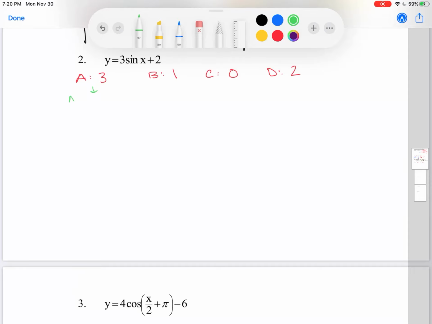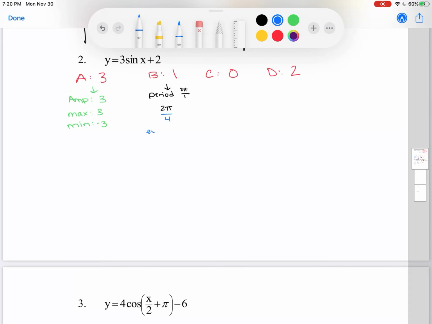Thinking about how this will play a role, my amplitude will be 3, which means originally my maximum will be 3, while my minimum will be negative 3. Now I say that's my original because something's going to change it shortly. B is 1, so that tells me my period is 2 pi over 1, so just 2 pi.